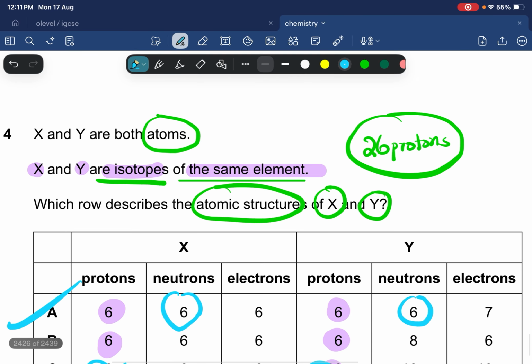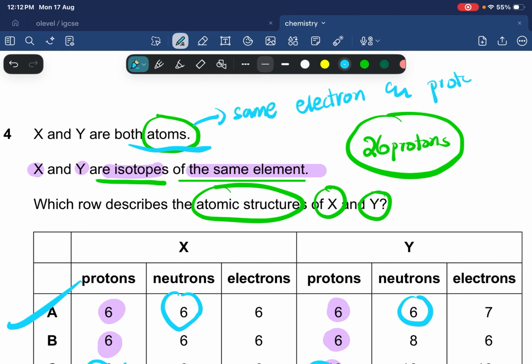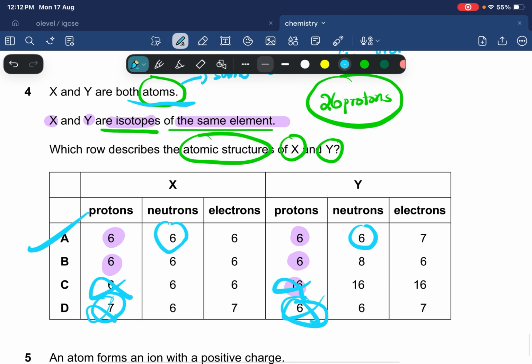But you need to realize one more thing as well. X and Y are both atoms. Atoms means the same electron and proton number. Because if you have ions, it's going to be charged. Electron number can be less or more than the protons. That's going to be different.